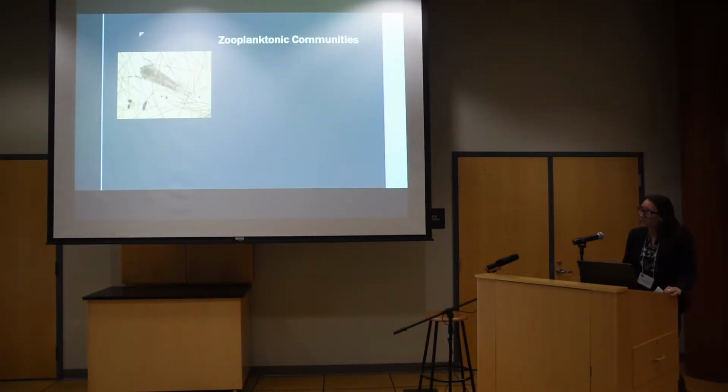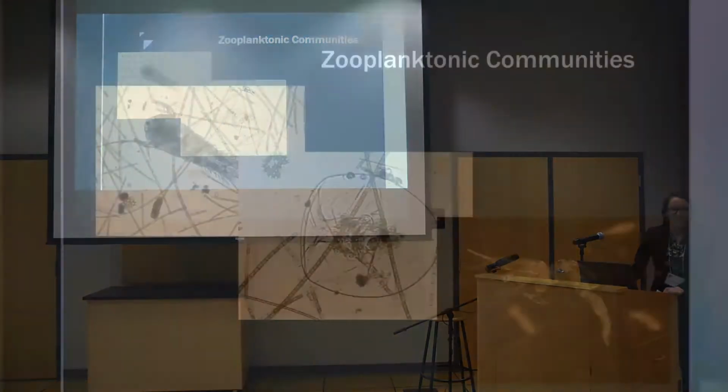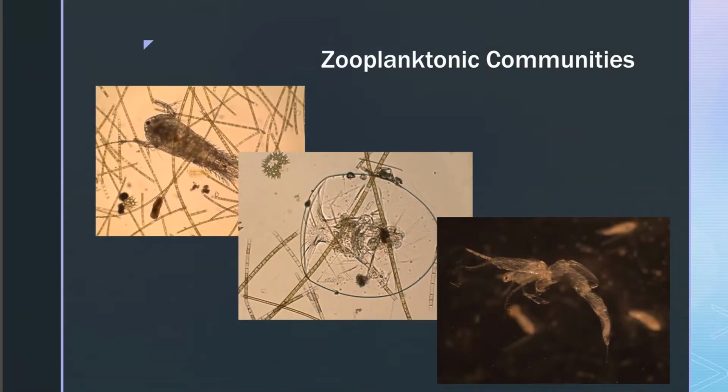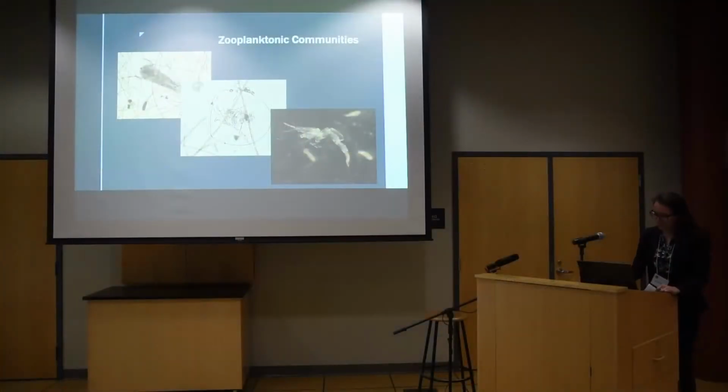And some of the zooplankton species, we had both cyclopoid copepods and calanoid copepods, Leptodora, as well as the rotifers, but these are more predatory, so I figured I would include them in.